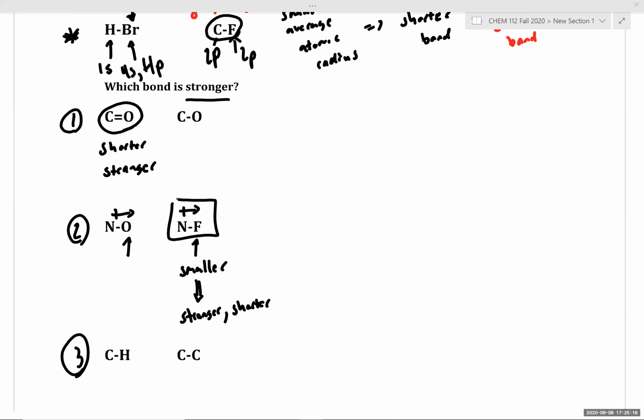So you don't have to memorize the tabulated bond lengths and strengths, but you do have to know relative lengths and strengths, because this can tell us which bonds are most reactive, which bonds are the strongest, which bonds are the weakest, and it helps us draw reasonable steps in our reaction mechanisms.